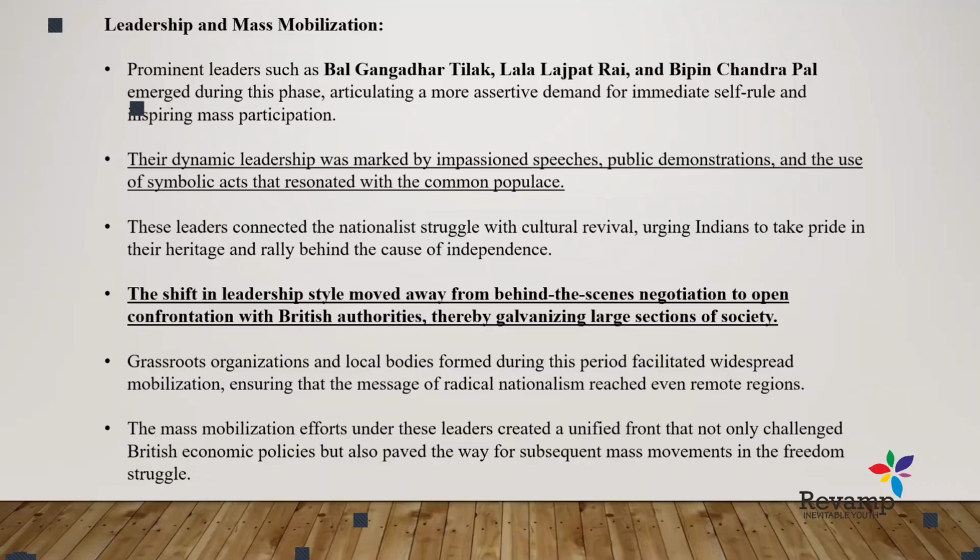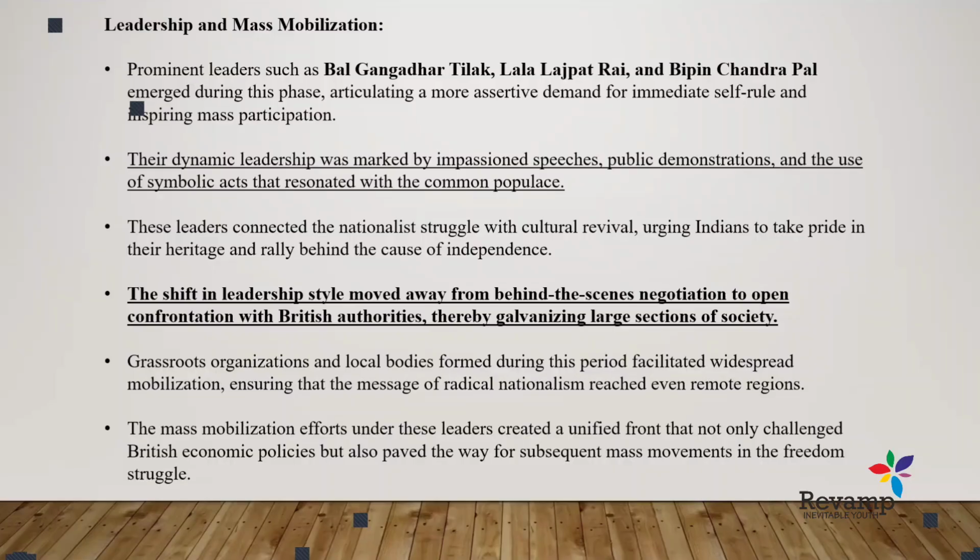Under the leadership of Bal Gangadhar Tilak and Lala Lajpat Rai, the nationalist notion of the moderate phase had remained among the elites of society, but in the radical phase the common population was also involved in this process, because leaders such as Bal Gangadhar Tilak wanted them to participate.